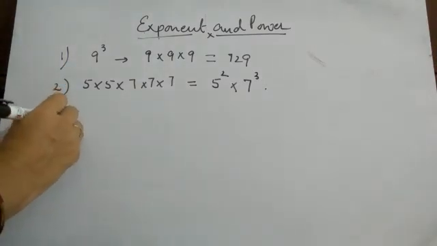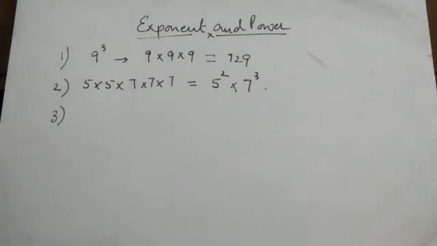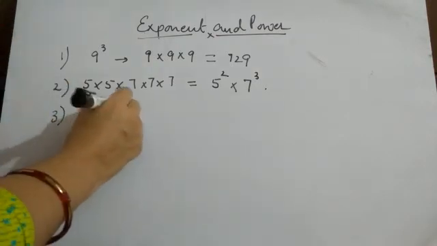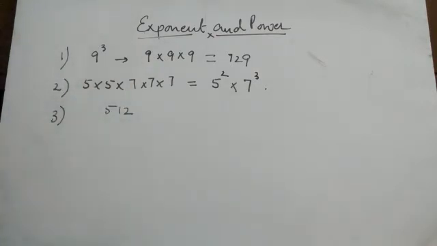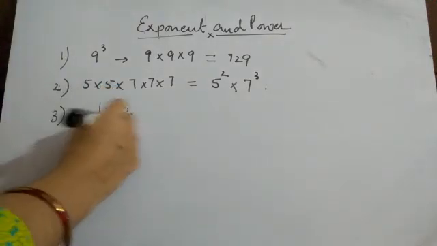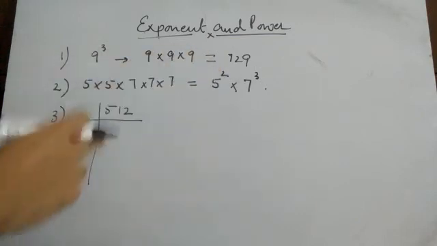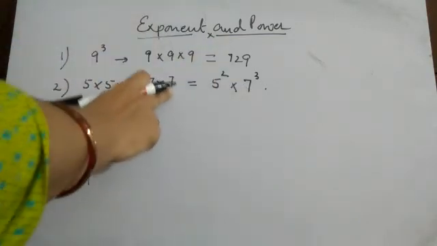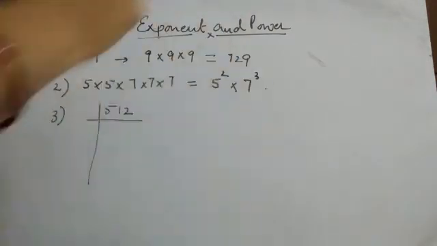Now see the third example. You have to write 512 in exponential form. When you have to write in exponential form, we prime factorize, then only we can get these prime factors and write in exponential form.